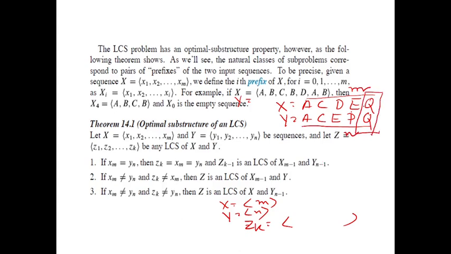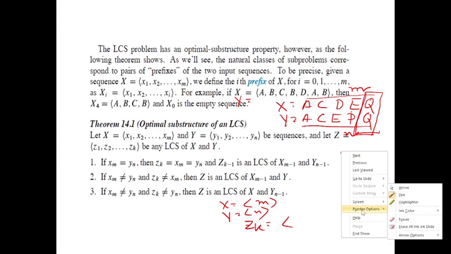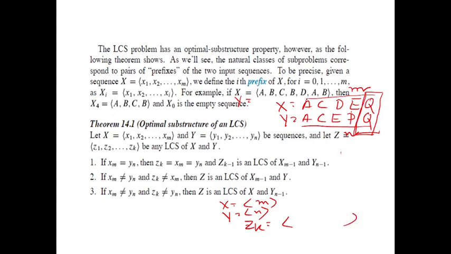Once the last character is matching, I'll only check the remaining part, going from the back. Last character matching means a good thing happens. So A, C, D, E, Q has been matched with A, C, E, P, again Q.